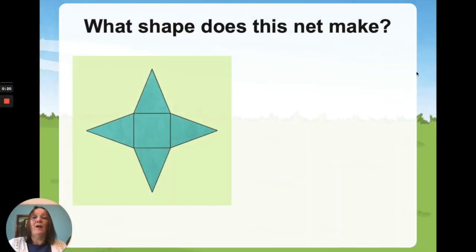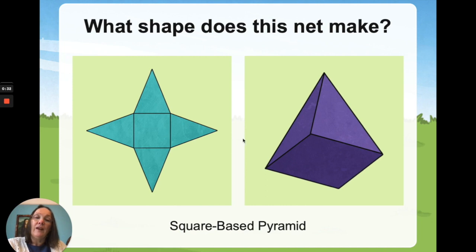So what shape would this make? Now, what have we got? We've got a square in the middle and we've got 4 triangles around the outside. So what would that make? It would make a square-based pyramid. If I fold that up together, the square is at the bottom, the triangles go up the sides, and we've got a square-based pyramid.